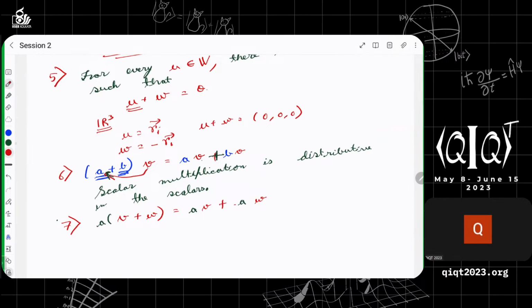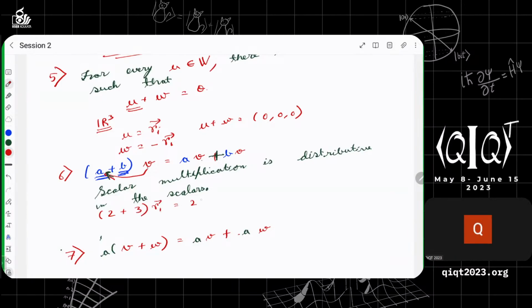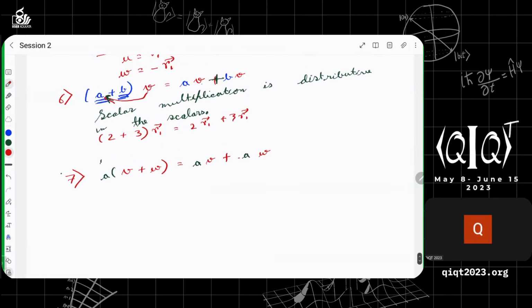Sorry, I forgot to give the example in R3 for the last one. So let's say something like 2 plus 3, which are scalars, times R1 vector. So it would be 2 R1 vector plus 3 R1 vector. So this is what this property says.